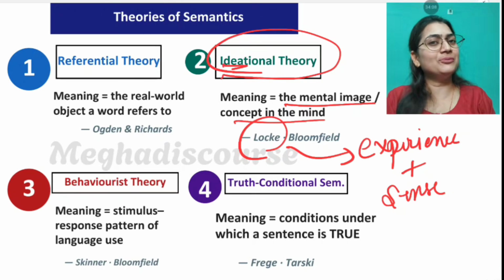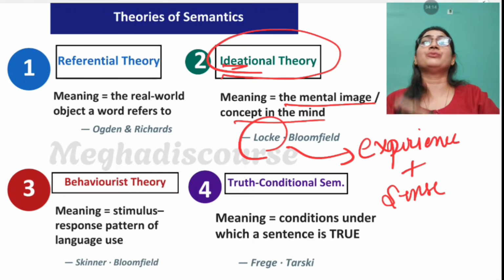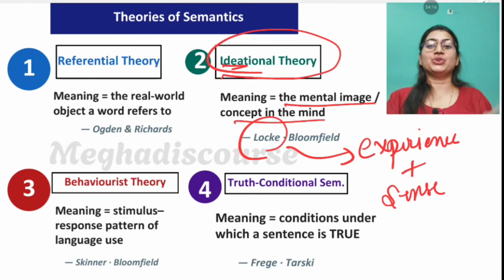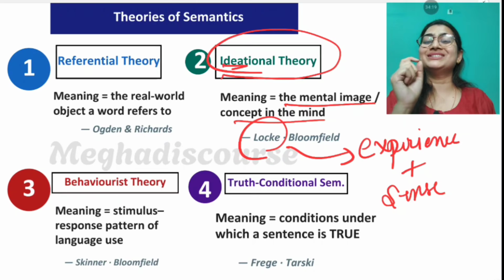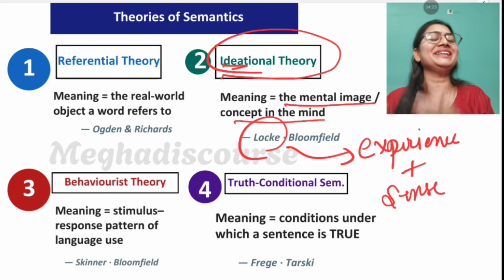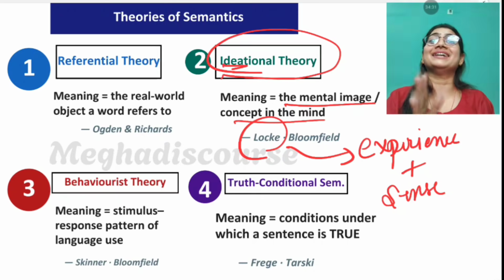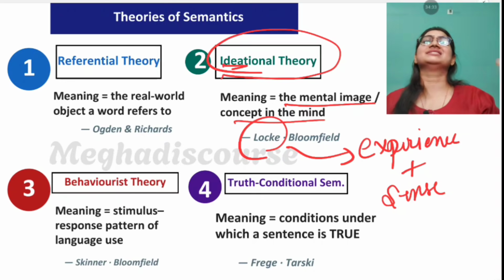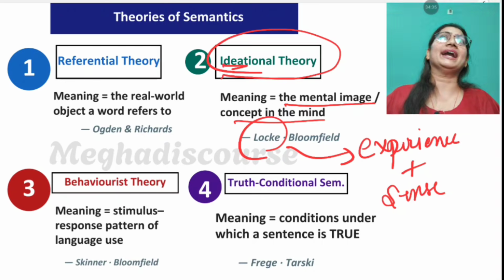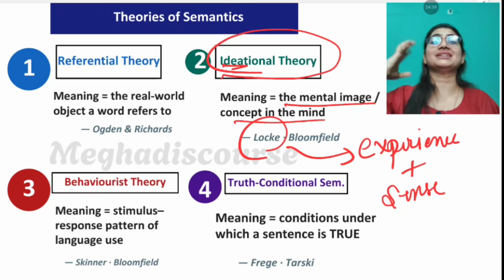Everyone heard the same word, fruit, but everyone had a different perception, a different mental image. So John Locke could say that each of your mental images is your meaning. The meaning of the word fruit lives in your mind. It is individual, it is mental. So this is what ideational theory said: the meaning is in the mental image, the meaning is in the mind.